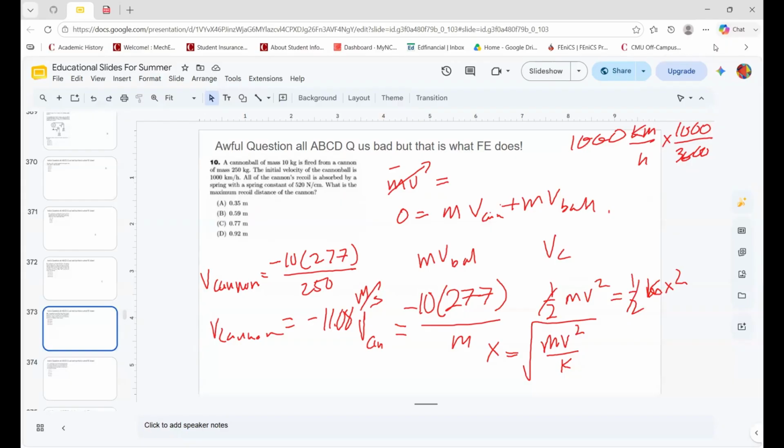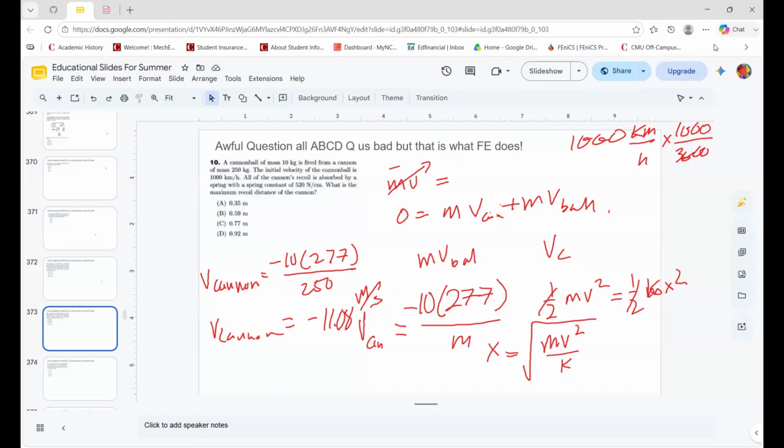Oh, did I make a mistake somewhere? I probably did somewhere, I just don't realize it. I got 7.67, which tells me something. Let me check something real quick. 10, clear, 10. So 250, right?